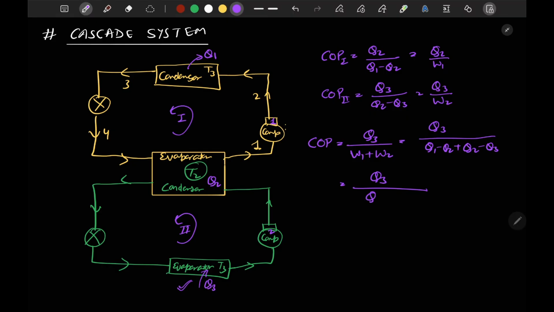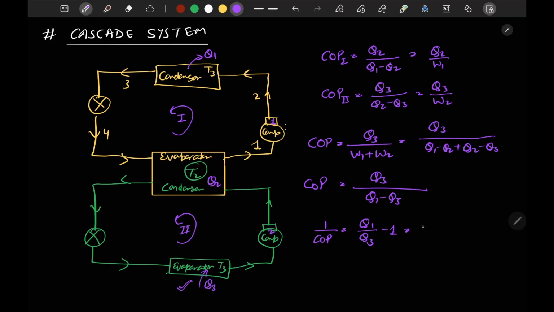And we can write 1 by COP is equal to Q1 by Q3 minus 1.